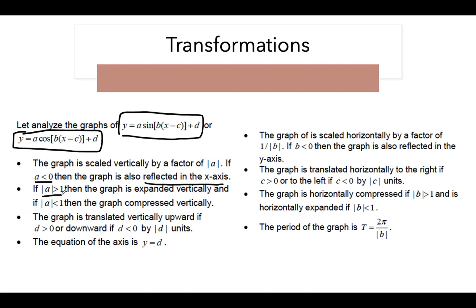Now, if A is greater than 1, then we say it has been vertically stretched or expanded by a factor of A. And if A is between 0 and 1, then we say it's vertically compressed by a factor of A. Next, let's take a look at D. If D is greater than 0, we're moving vertically up, and if D is less than 0, we are moving vertically down.